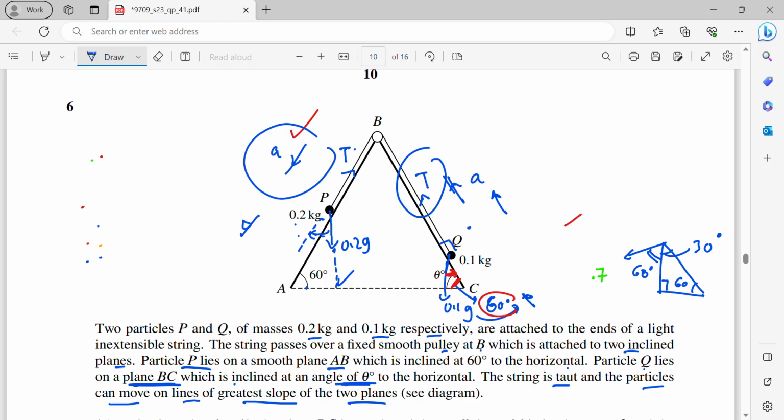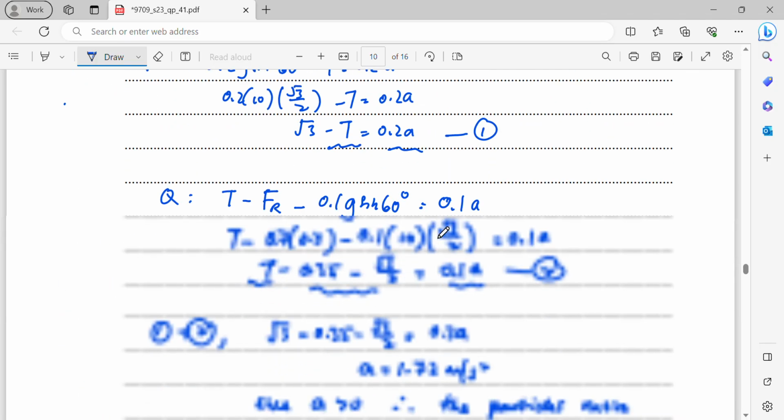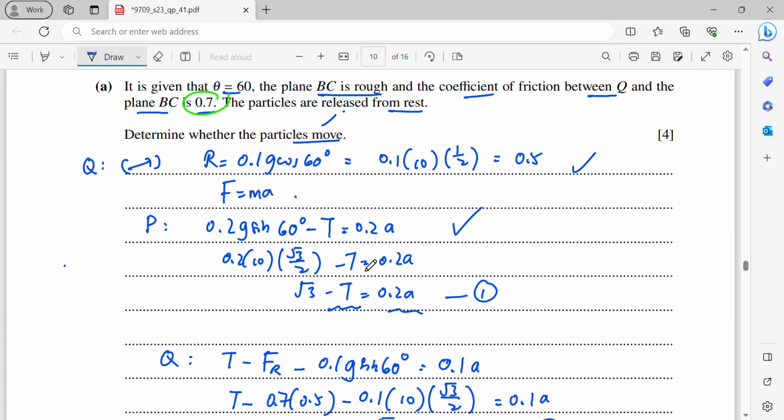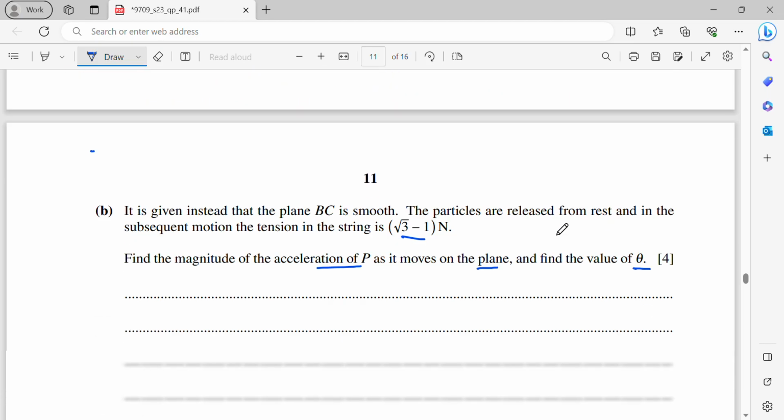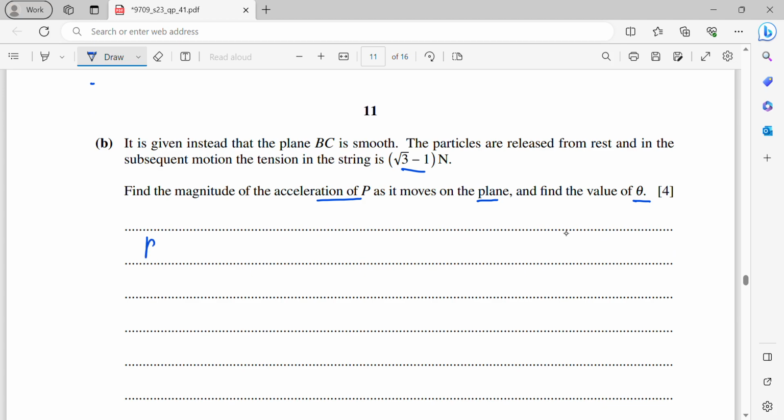I will consider the equation for the particle P now. It will be similar to the previous one, so I will copy it back and replace T with the given T. So now I will write 0.2 G sine 60 degrees minus T equals 0.2a.